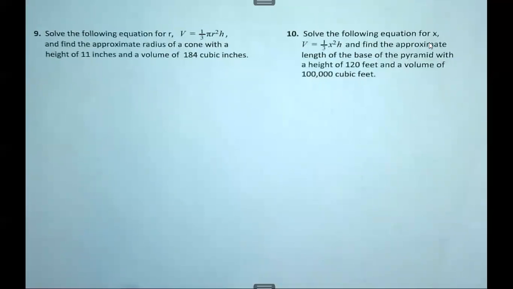They give us that V equals 1/3 pi r squared times h, and they want us to find the approximate radius, which would be our r, of the cone that has a height of 11. So height is our h, and volume of 184 cubic inches. So they gave us a couple things to plug into that equation.